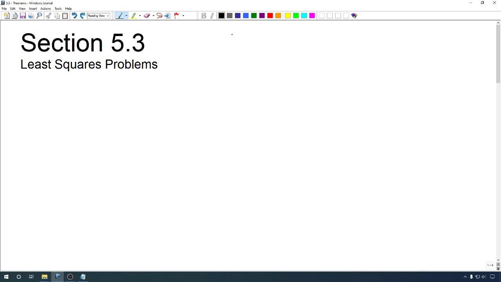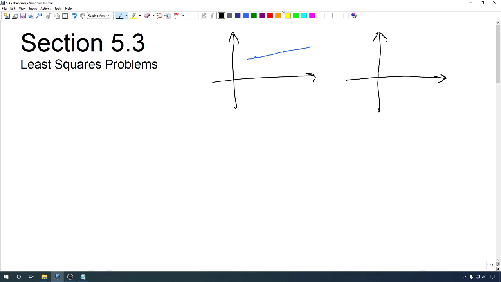If we have a situation where we have, say, 2 data points, it's really easy to find a line that passes through both of those points. But if we have a bunch of data, so more than 2 points, so we have, say, this point here, here, something like that.